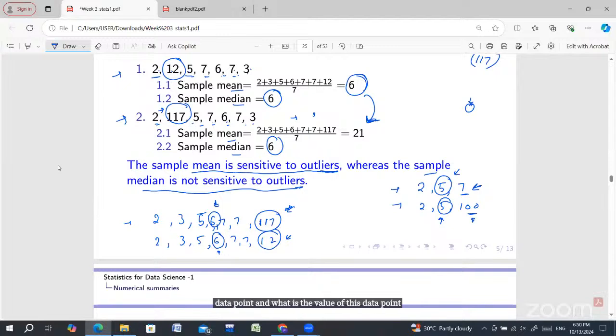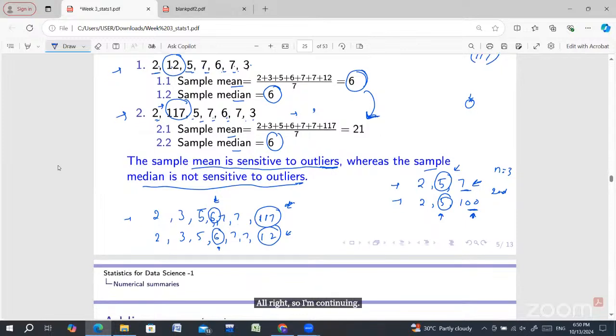It is just the second observation. You have a total of 3 observations here, so the second observation will be your median, no matter what the value of the other data points. So that's why the median is not sensitive to the outliers.